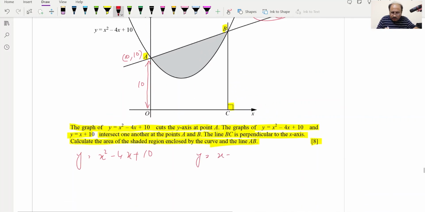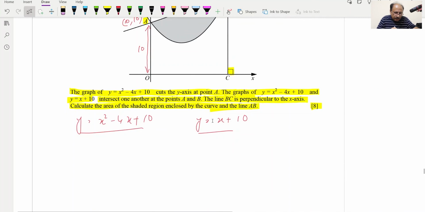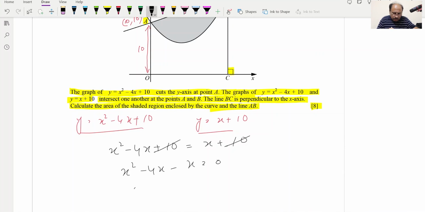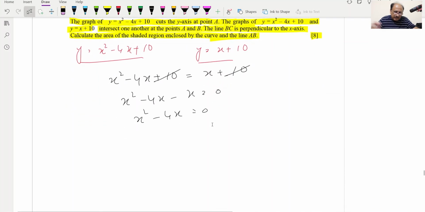We will equate these two equations and find the point of intersection. So x squared minus 4x plus 10 is equal to x plus 10. The 10 and 10 we can cancel, and x squared minus 4x minus x is equal to 0. So x squared minus 5x is equal to 0. So we can take x common.